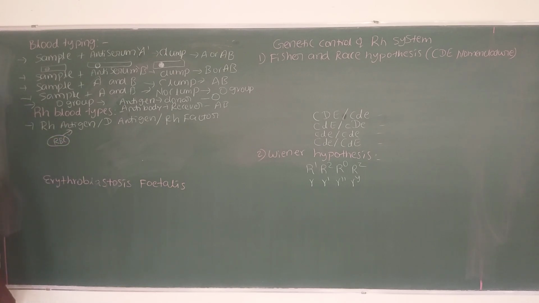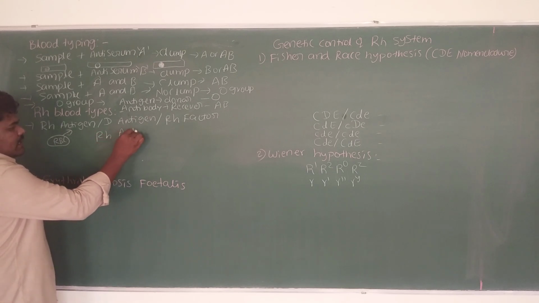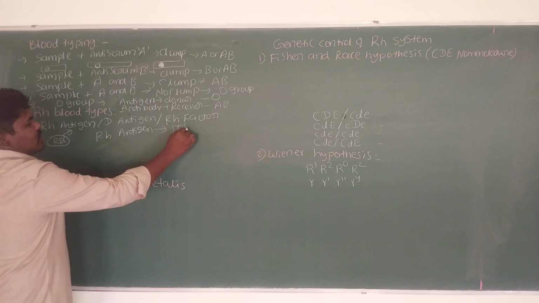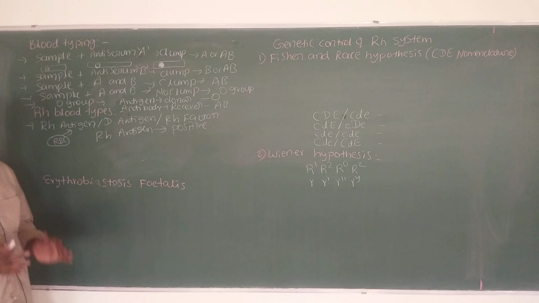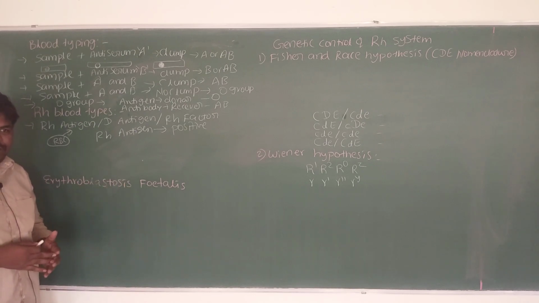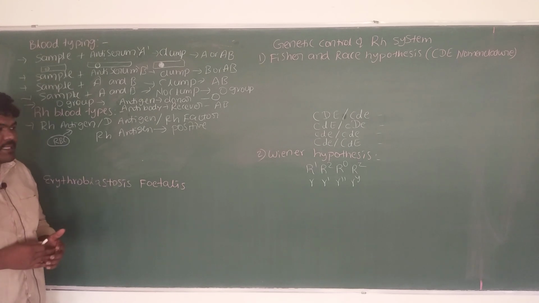The persons who contain the Rh antigen, if the Rh antigen is present, are called positive blood group people. If an A blood group person contains the Rh antigen, they are called A positive. If a B blood group person contains the Rh antigen, they are called B positive.